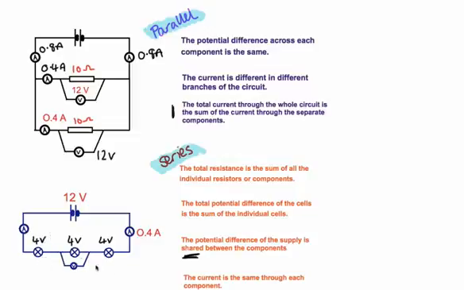If these are identical lamps, the potential difference would be shared between them. The other thing is that we've got a current here of 0.4 amps. What's the current over the other side? Well, we know the current is the same in the series circuit, so it would also be 0.4 amps. In actual fact, wherever we measured it in the series part of the circuit, it would be 0.4 amps. So that's applying it in a slightly different way for these two circuits with some different values in there.